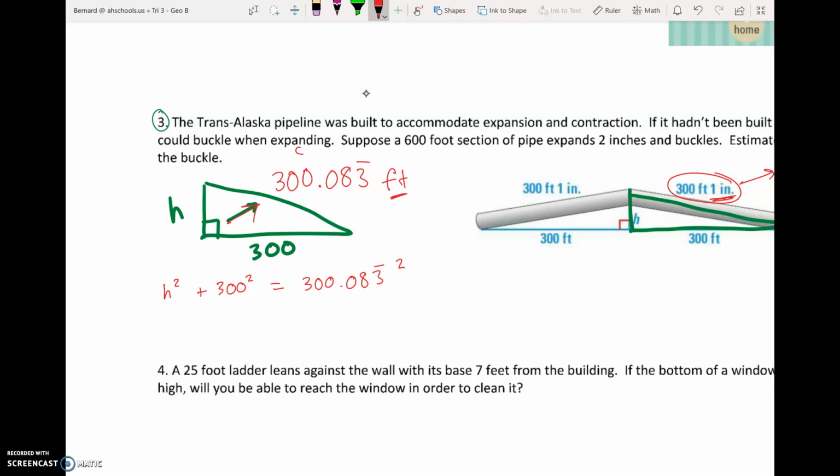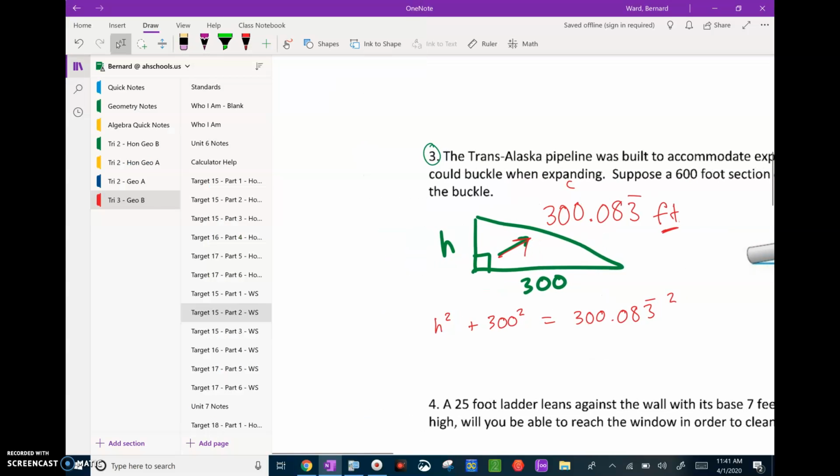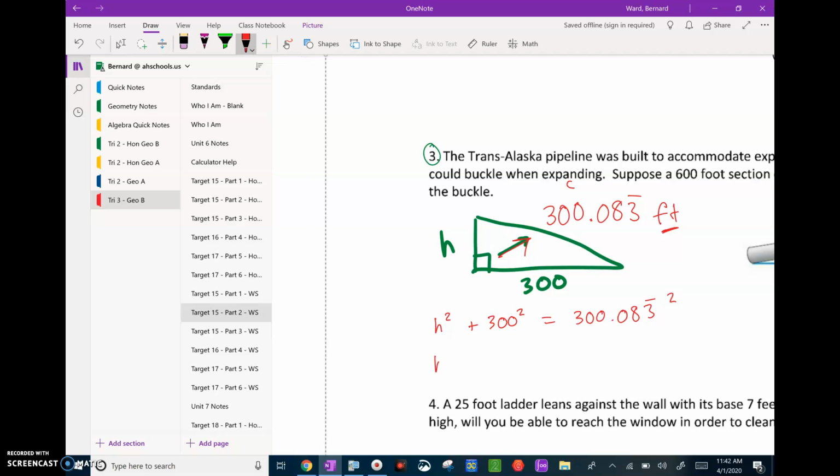That can be hard to deal with, so I want to go to the calculator. The 300 squared is easier. If we type that into our calculator, we get 90,000. So this is h squared plus 90,000 equals whatever 300.083 repeating squared is.